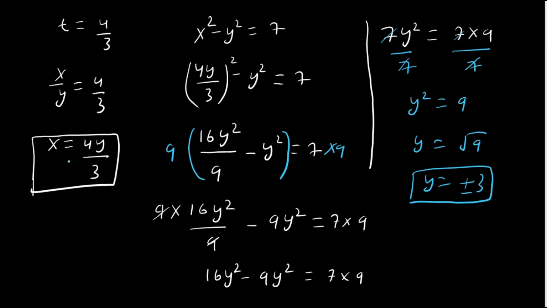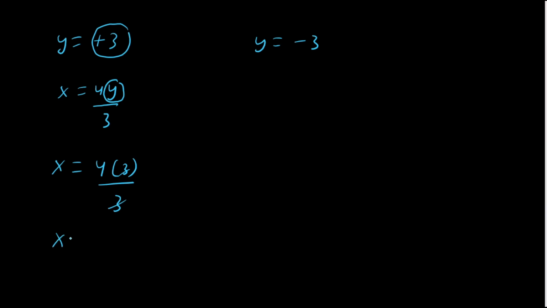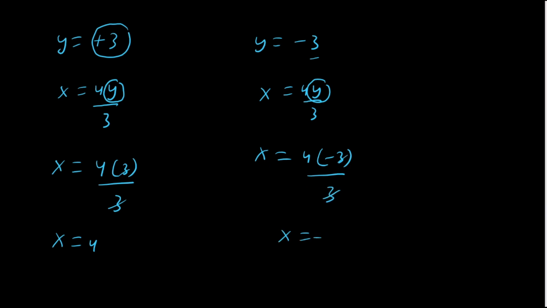And here x is equal to 4 times y over 3. When y is replaced by plus 3, x is 4 times 3 over 3, this 3 and this 3 cancel out, so x is equal to 4. When y is replaced by minus 3, x is 4 times minus 3 divided by 3, then this 3 and this 3 cancel out, so x is equal to minus 4.